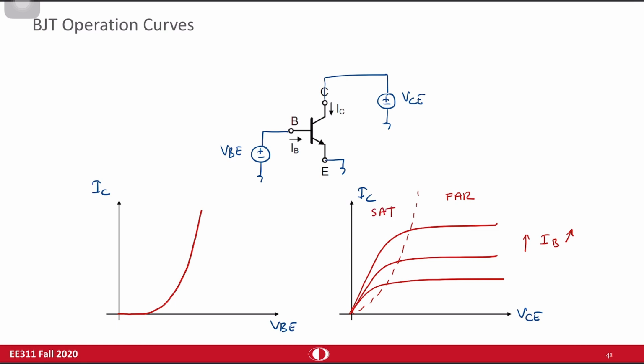Keep in mind that for MOSFET, this part was called linear, but now saturation is a different part. For bipolar transistor characteristic, forward active is a different part. So for forward active region, IC is equal to beta F times I base. For saturation part, IC is less than beta F times I base.